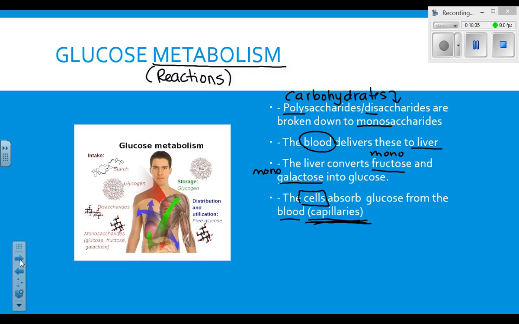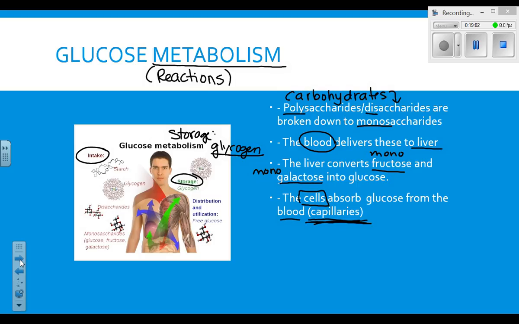So you'll see the picture on the side here is talking about intake, is talking about storage. So I'll just mention this. We already know that glycogen is a polysaccharide that animals use to store carbohydrates. Since we're not really getting at storage here, we're getting at usage, I didn't put it in the notes there.